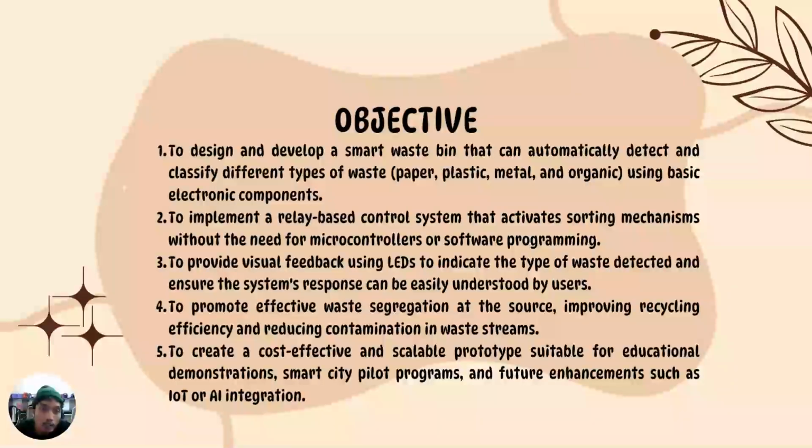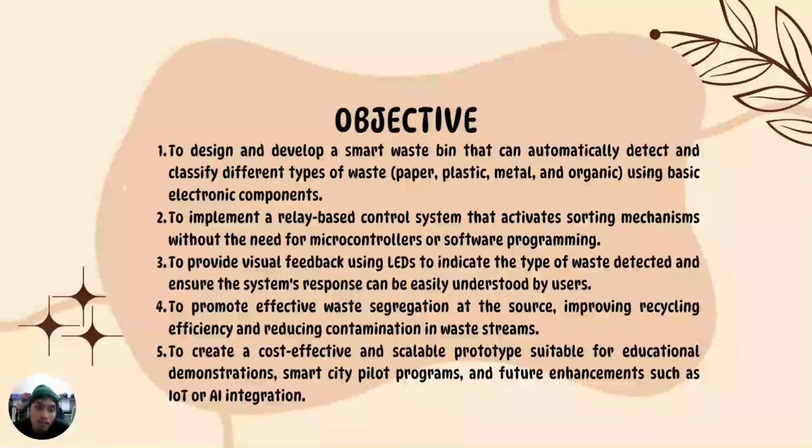For the objectives, we have five. First is to design and develop a smart waste bin that can automatically detect the waste and classify it. Second, to implement a relay-based control system that activates the sorting mechanism.